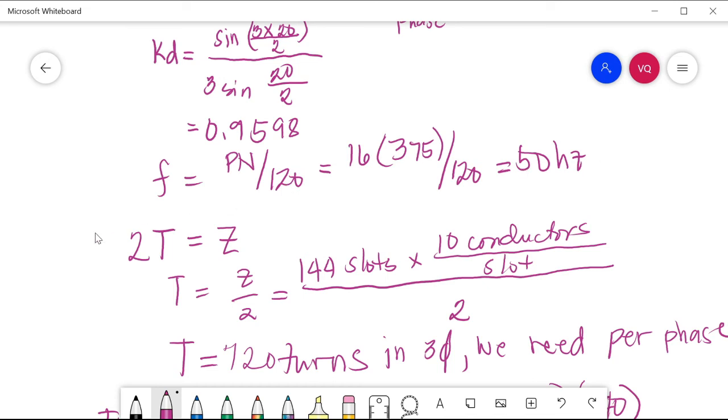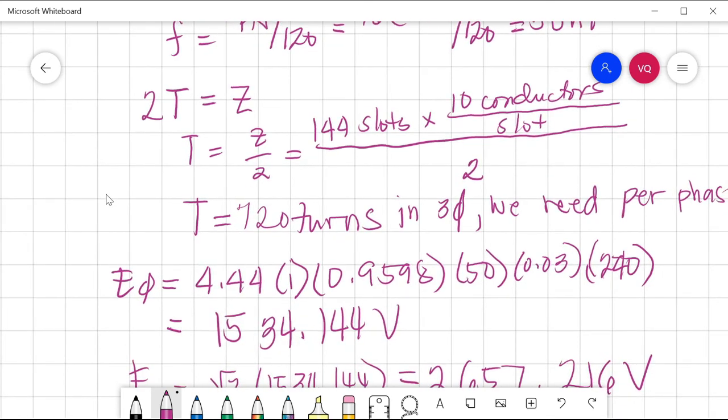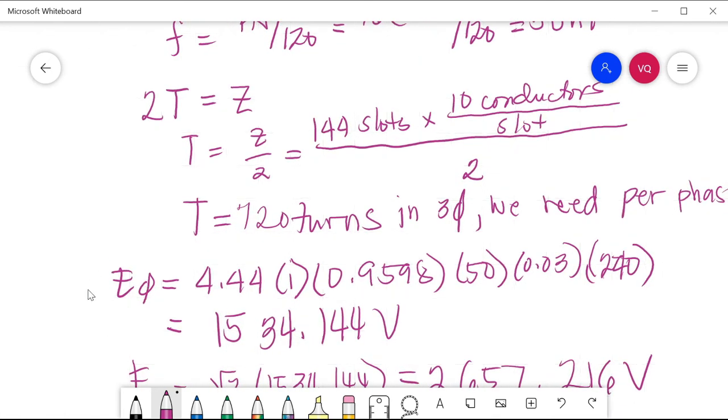For the number of turns, 2 turns is equal to 1 conductor. Remember that the number of conductors given in the problem is for 3 phase, while we use E phase, so we must convert the number of turns from 3 phase into single phase. We can solve the number of turns equal to the number of conductors divided by 2.